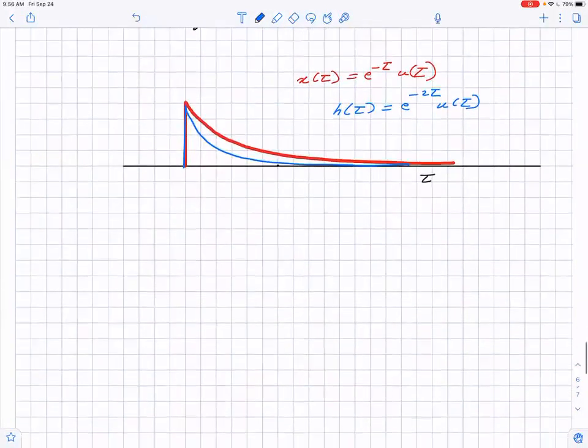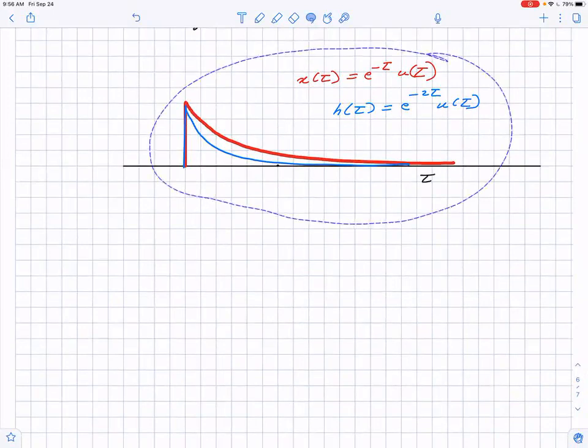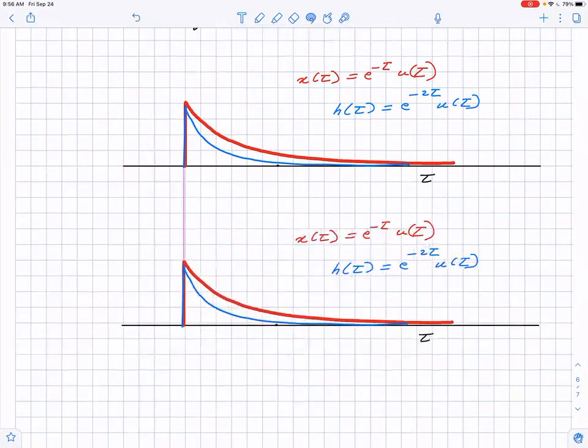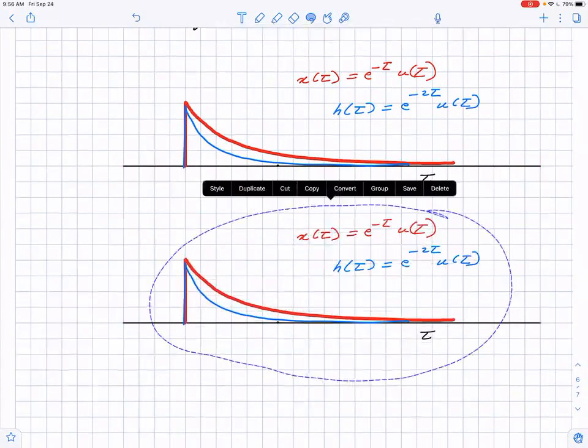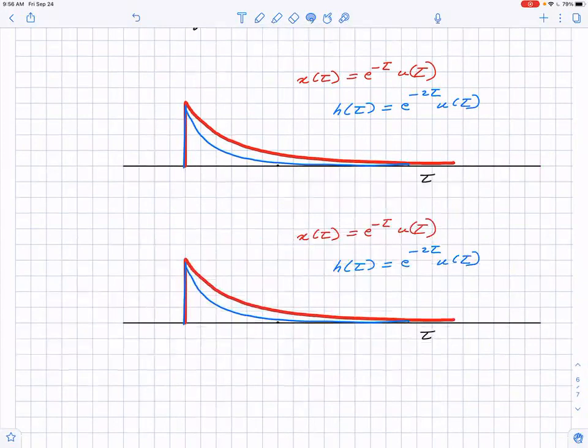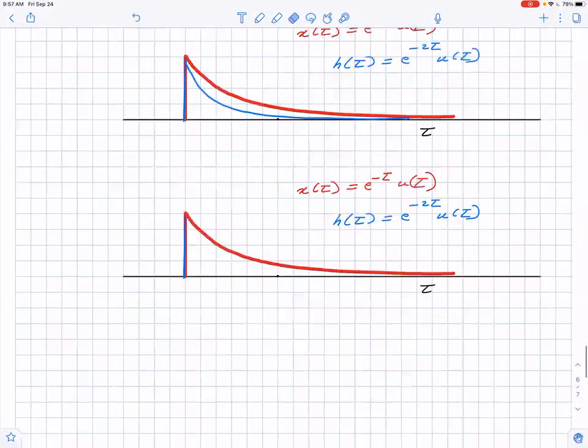The second thing we do is we time reverse h of tau. As we do that, what we're going to see is x of tau doesn't change, it remains fixed. And we are reversing just the blue one, which will look like that.